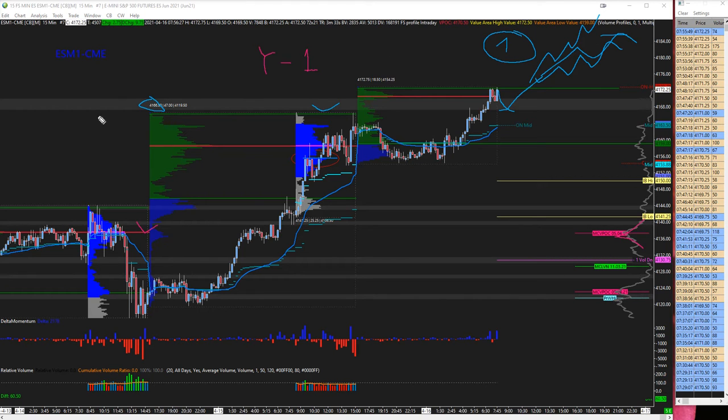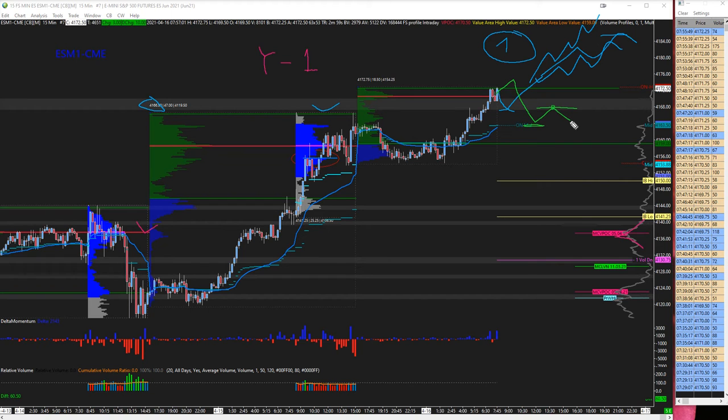Scenario 2 is we quickly take out the overnight high, find sellers, and then go inside the pre-market day's range, that 66, 68 stock zone. This is the overnight mid. Test the prior day's range from the inside.